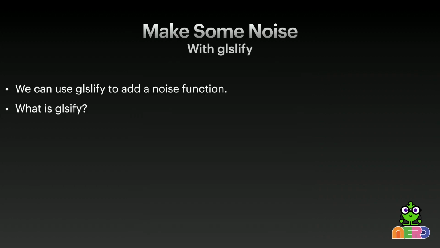So now we're going to make some noise with GLSLify. This is another really cool thing. We think, what are we going to do with these shapes? They're just boring, primitive shapes.